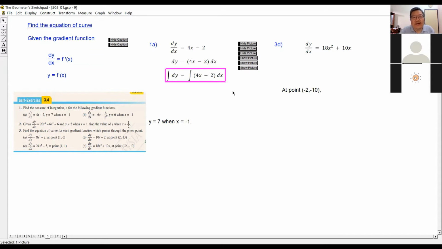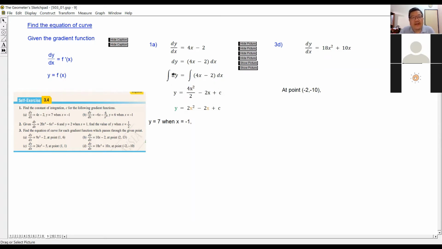Now, if you integrate both sides of this equation, on the left-hand side you integrate dy, and on the right-hand side you integrate 4x minus 2 dx. That means the left-hand side you integrate with respect to y, and the right-hand side with respect to x.